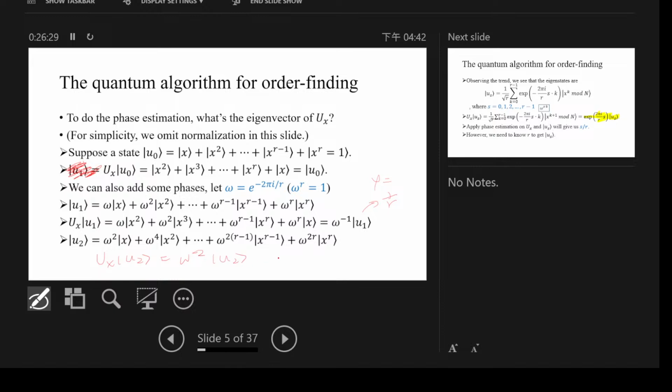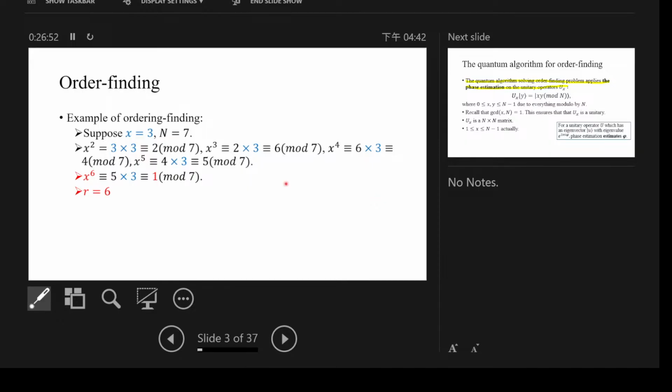So your psi will equal 2 over r, etc. And this is where we get our r from phase estimation. So say if we have U1 as an eigenvector, then we do phase estimation, we'll get 1 over r, then we'll learn r. Remember we want to learn r.